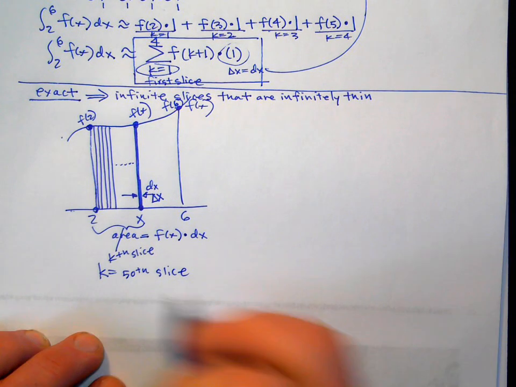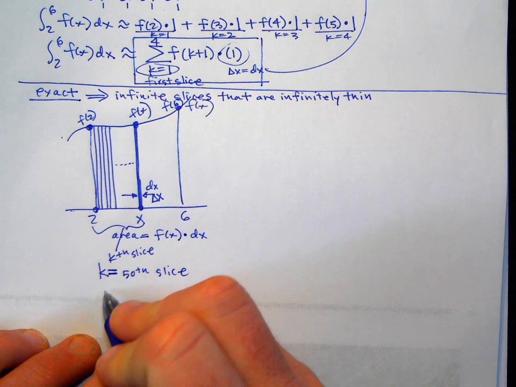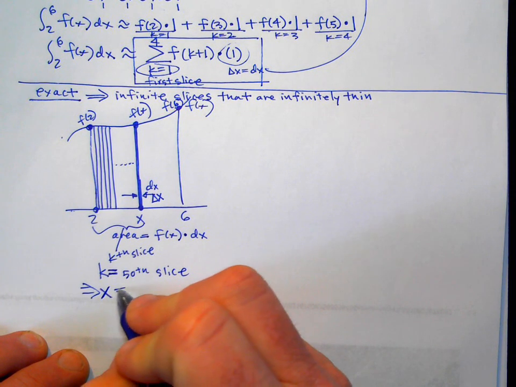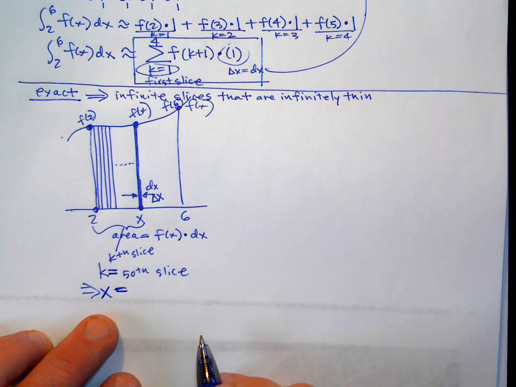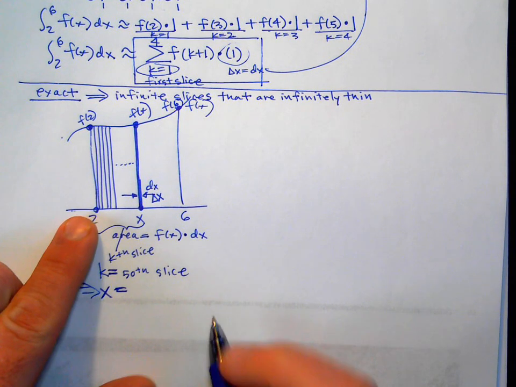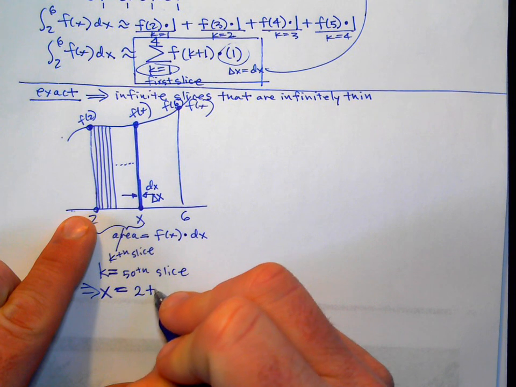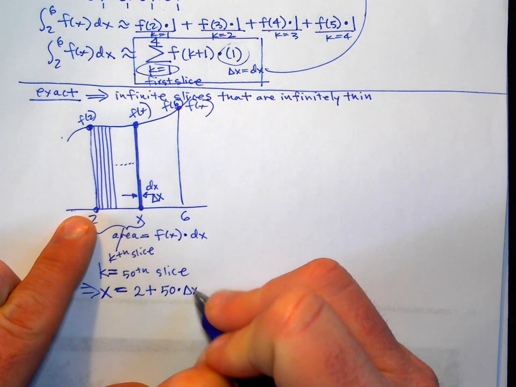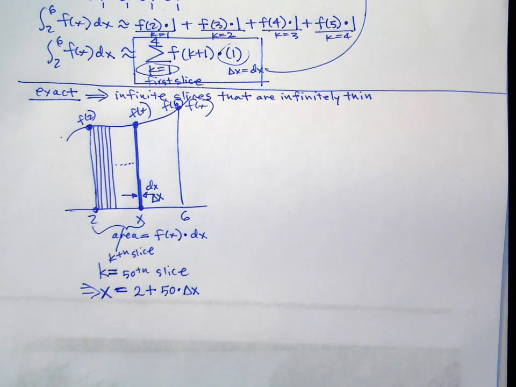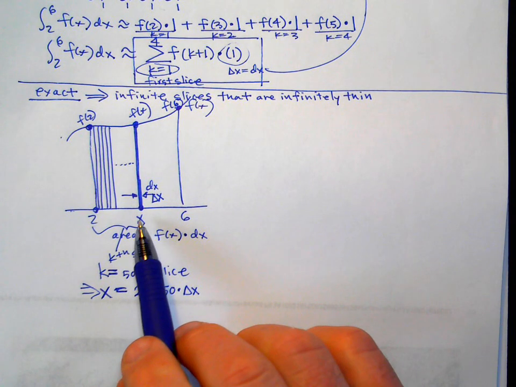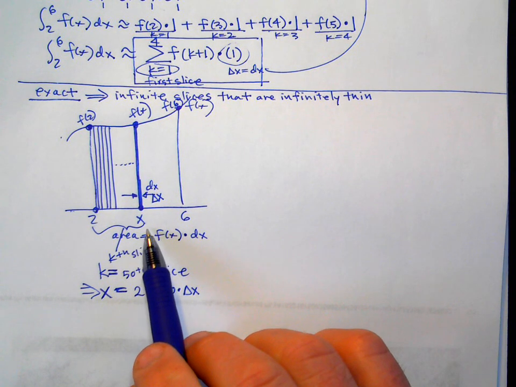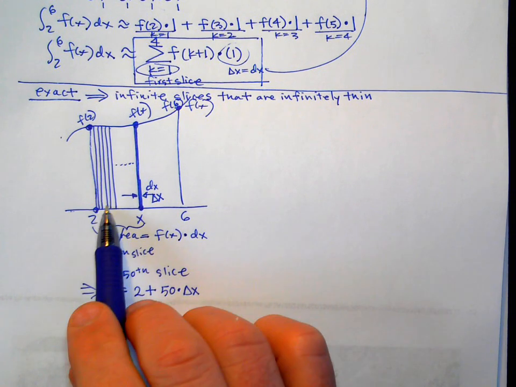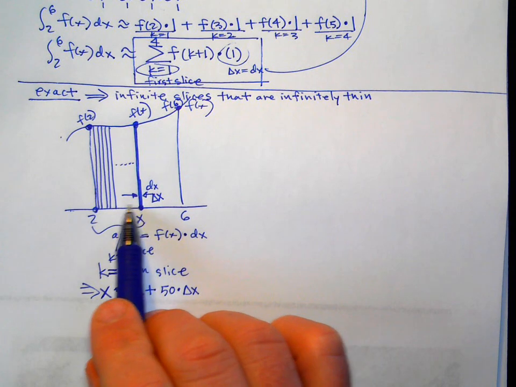And the first thing you'd want to do is say, well, on the 50th slice, what x coordinate are we at? And the x coordinate is going to be where we started plus the 50 slices times their thickness. They're all going to have equal thickness. So the x coordinate of the kth slice is where we started plus how many slices we've done times the thickness of the slices.